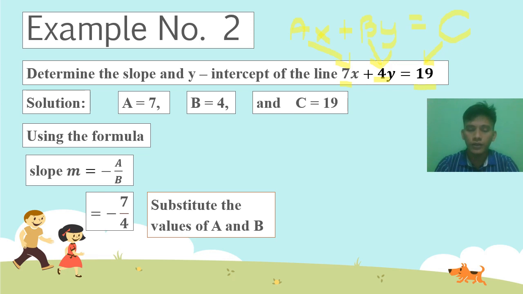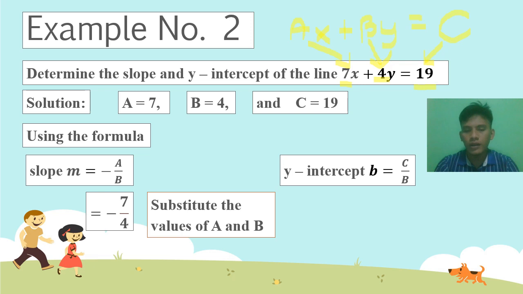Is there a need for you to simplify that? No, and that will be our final answer. It is already in simplest form. The y-intercept, denoted as b. The formula for our y-intercept b is equal to c over b.